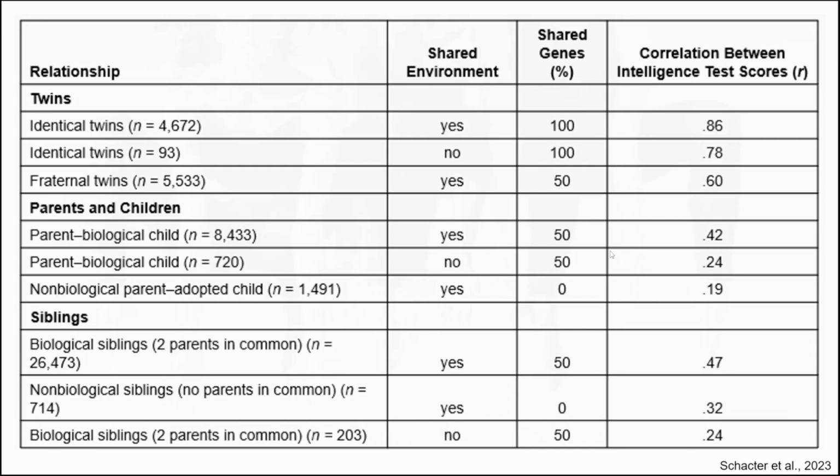But those heritability coefficients for intelligence tend to be fairly high, where 50% or more of the variation in intelligence within a given population tends to be due to genes. So that tells us that, yeah, genes are probably going to have a strong influence on the variation in intelligence.